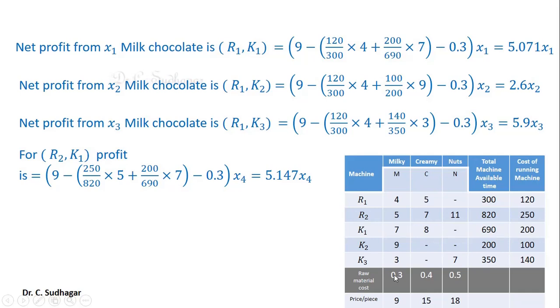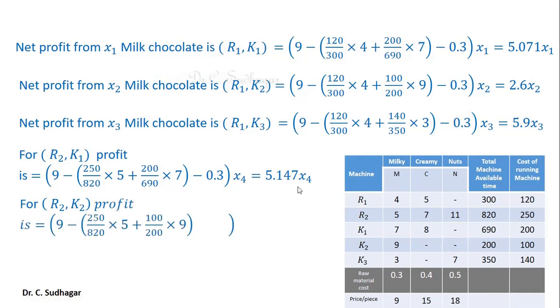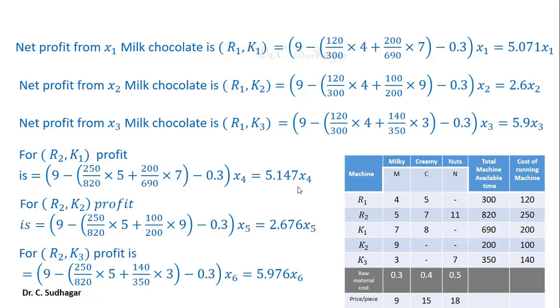The raw material cost is 0.3 and the sales price is 9. So 9 minus this is going to be 5.147 x4. So this is for R2K2, and for R3K3 this is the profit. So these are the profits we are taking for different types of milk chocolates in different packets.